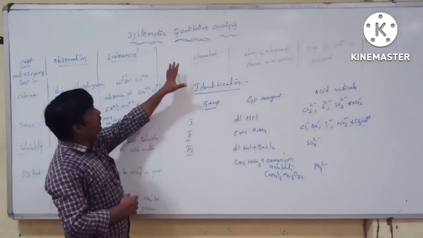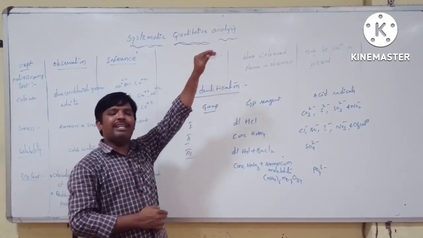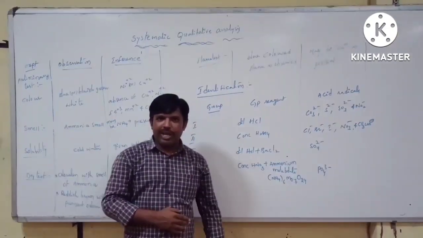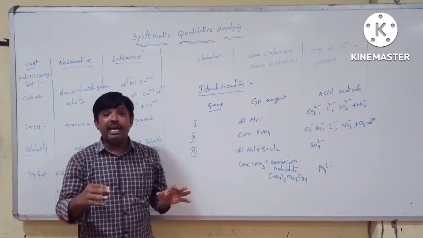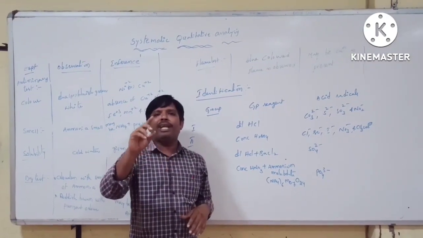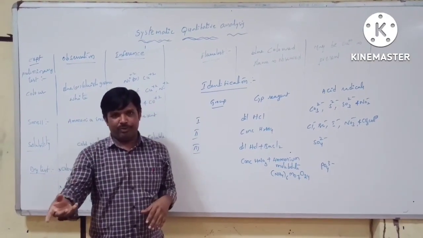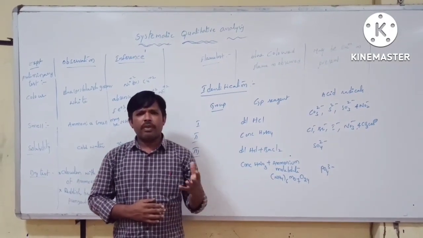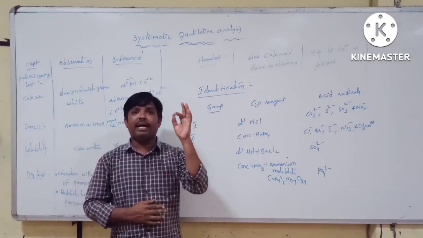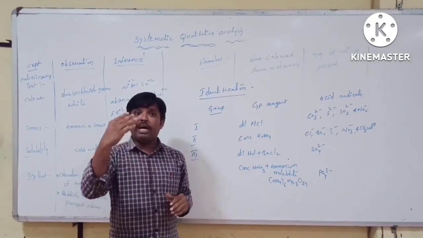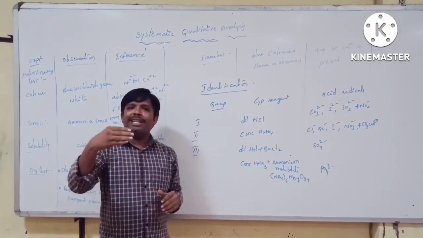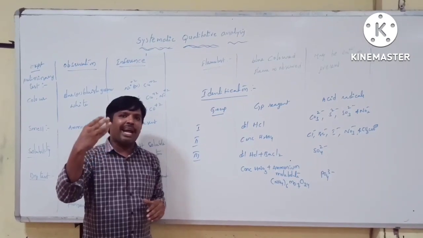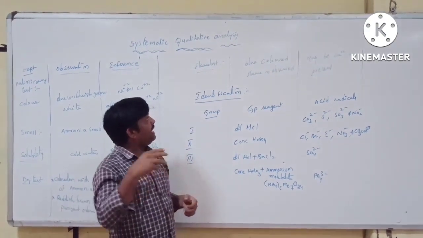Okay, then we go for qualitative analysis of salts. Inorganic salts: we know that an inorganic salt contains one anion and one cation. They will give one unknown salt, and we have to find out the anion and the cation present in that salt.